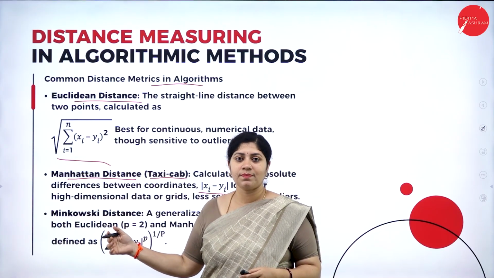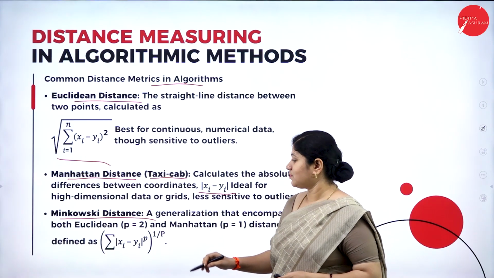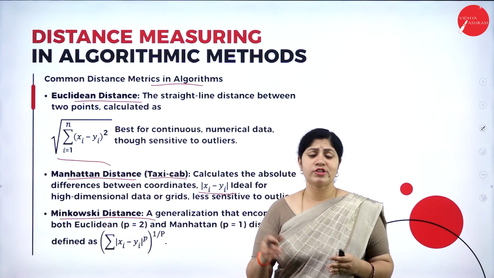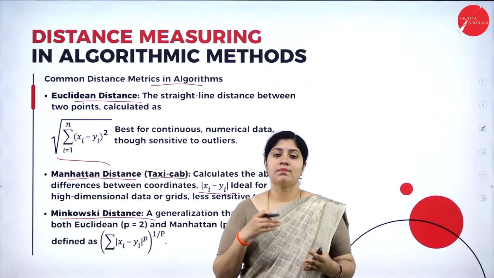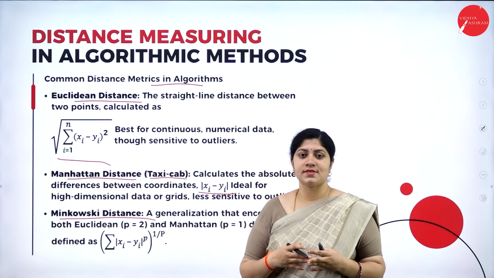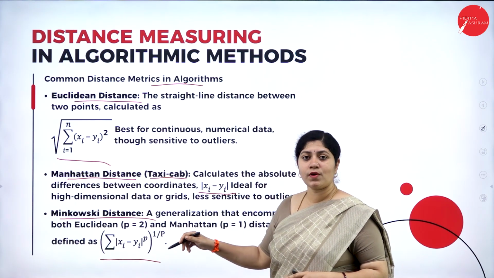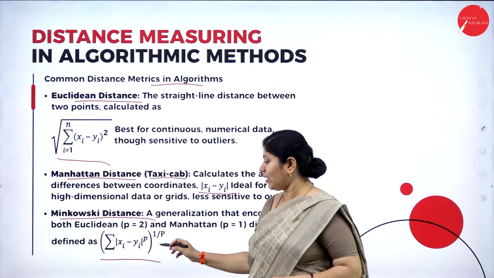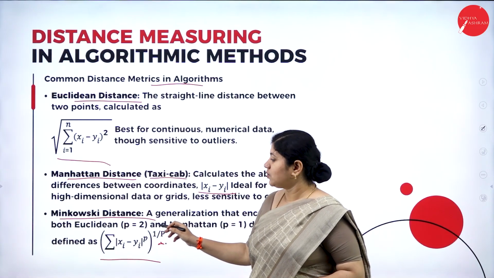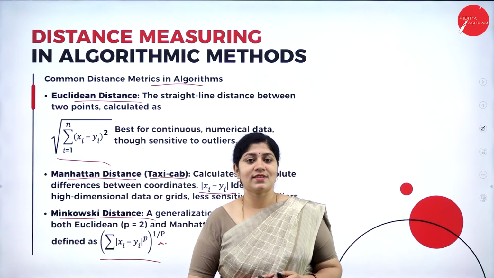The next distance metric is the Minkowski distance. It gives a generalization that encompasses both Euclidean and Manhattan distances, and it is represented as summation of mod of xi minus yi to the power p, whole power 1 by p. So this gives one distance metric for various algorithms.